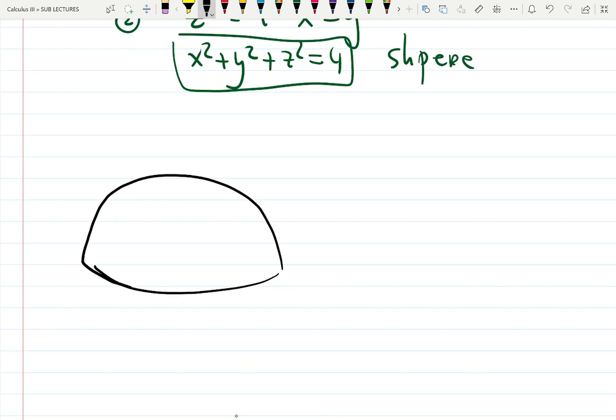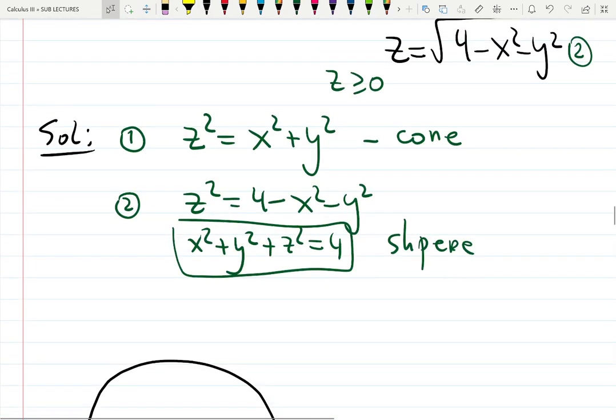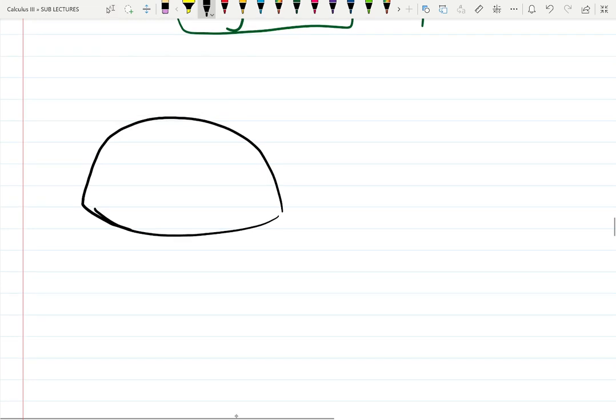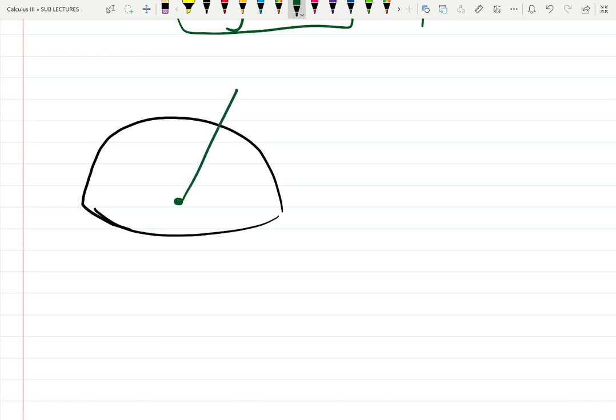Height can go only up from 0. But then there's a cone, a full cone actually goes two ways, this way and this way. But again, if you check the equations, height should go only up because z is a square root. So there's a cone inscribed at the center, like so. This cone cuts out the ice cream cone.